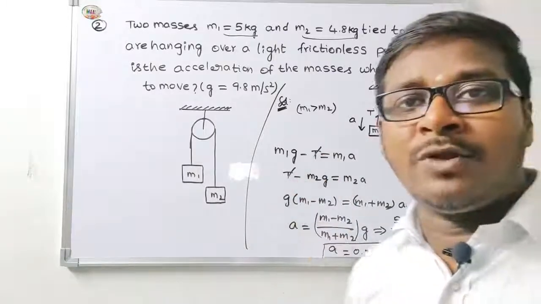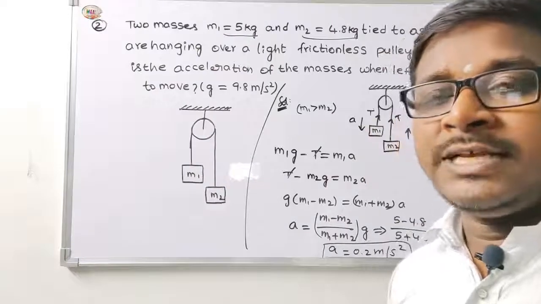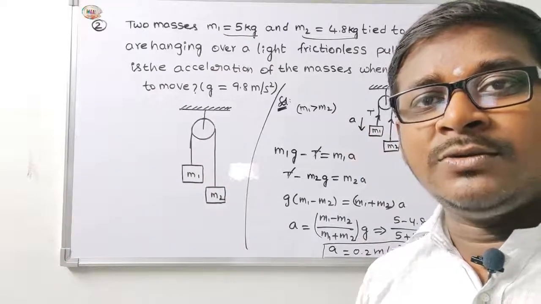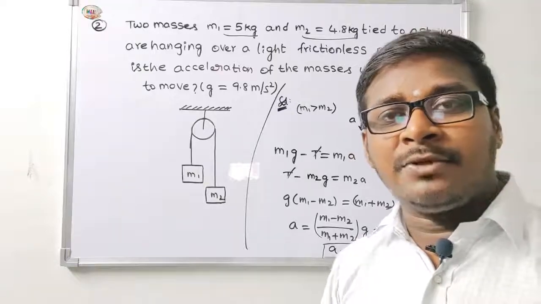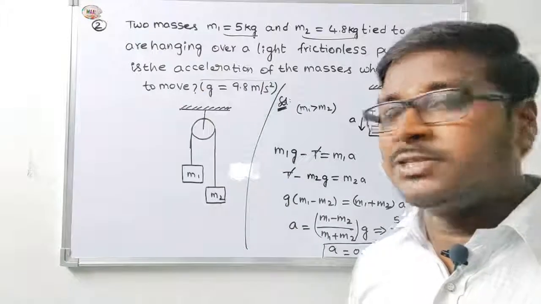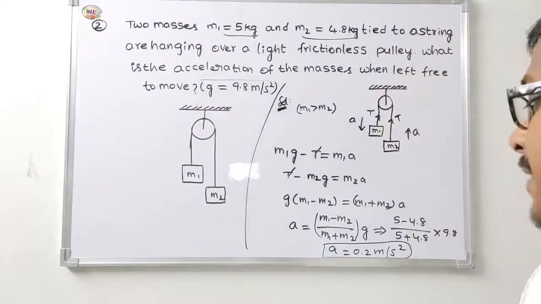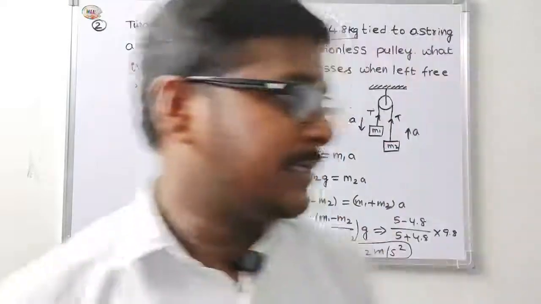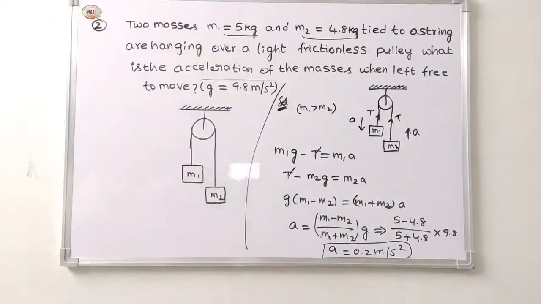Remaining g into (m1 minus m2) is equal to a into (m1 plus m2). Then find out the acceleration of the masses. Then a is equal to 0.2 meter per second square. This is the second problem.